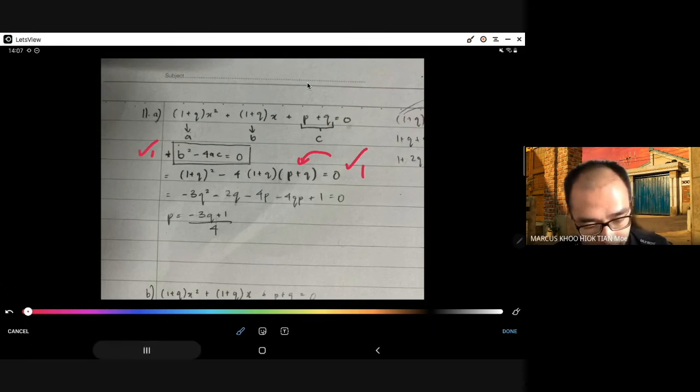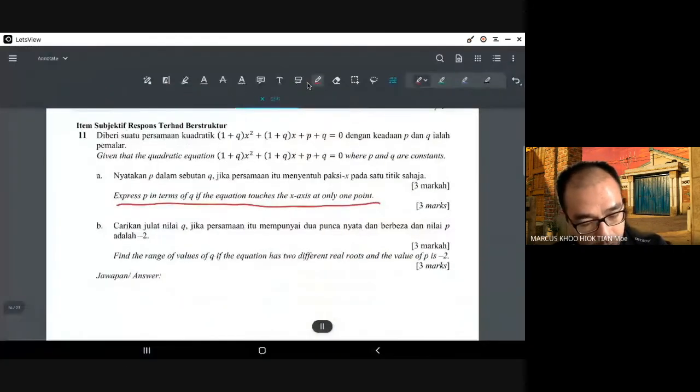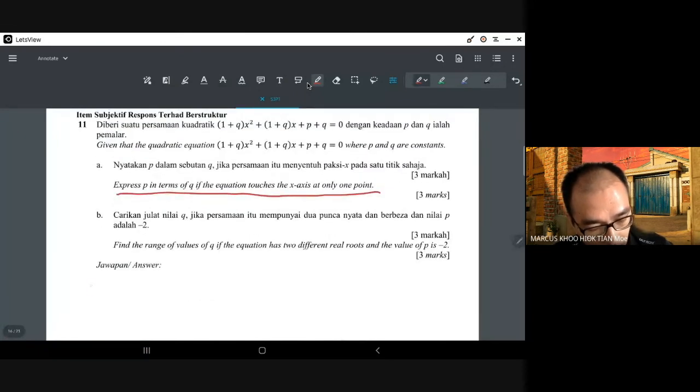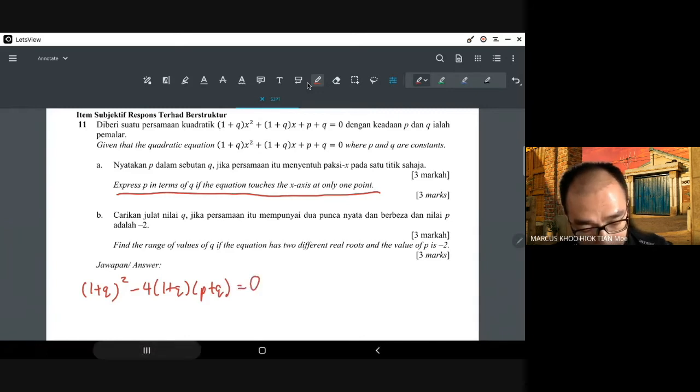Let me write this down here and see. 1 plus q squared minus 4 times 1 plus q times p plus q equals 0. Is that what you're writing? Yes.